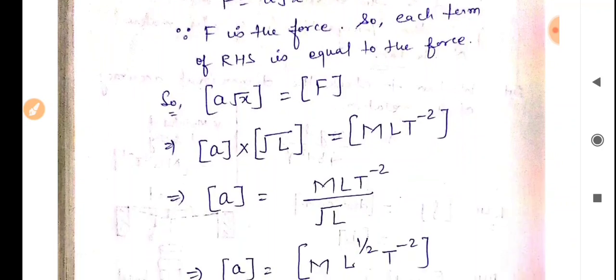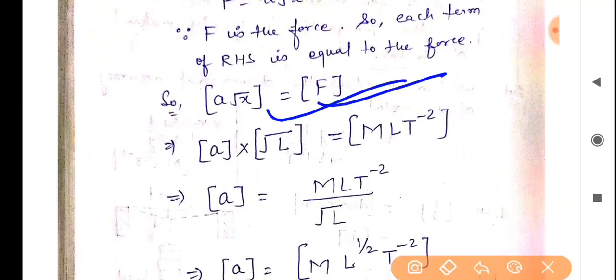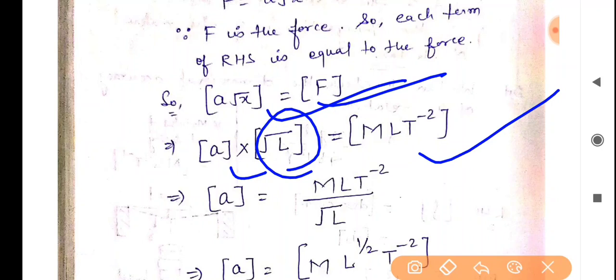Let us proceed. A root X is equal to F. X is length as given in the question, so A root L equals MLT minus 2. Taking the root to the right side, it will go to the denominator, MLT minus 2 divided by L to the power half.